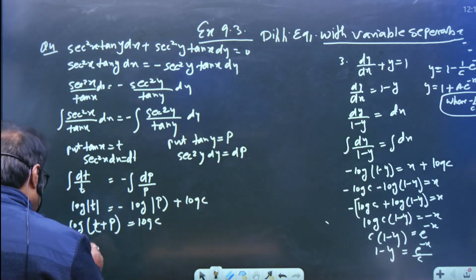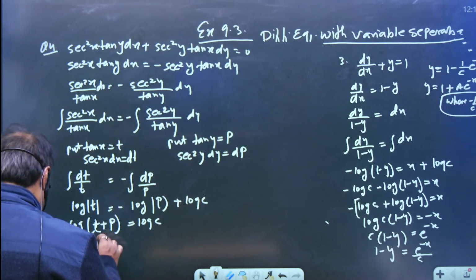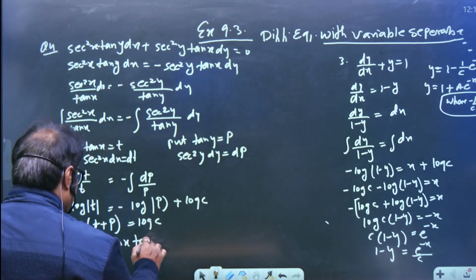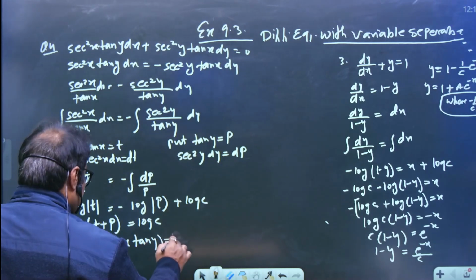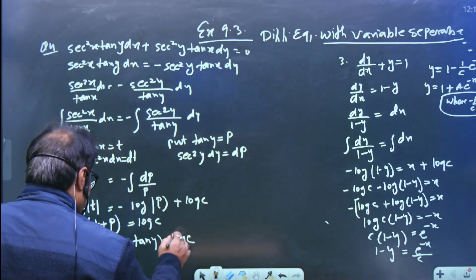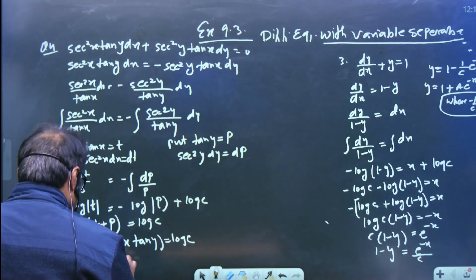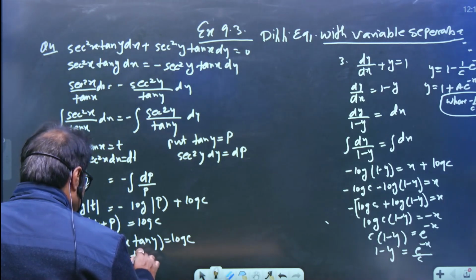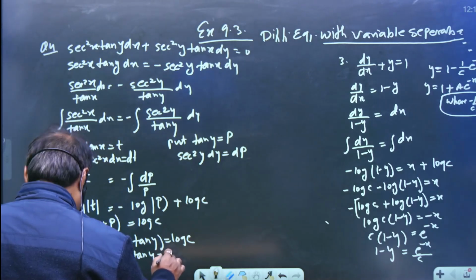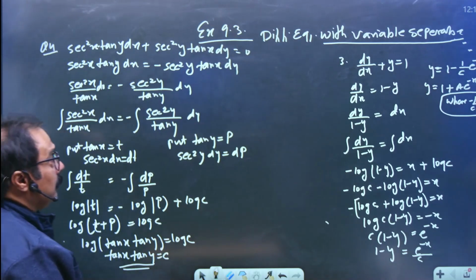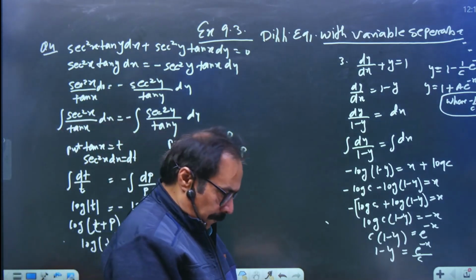So this will be log of tan x into tan y is equal to log c, and removing log from both sides, tan x into tan y is equal to c, and this is the final answer of question number 4.